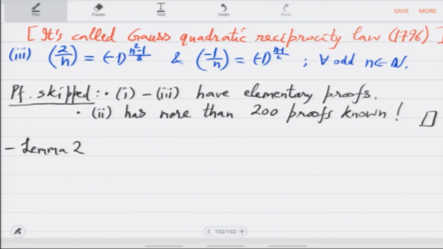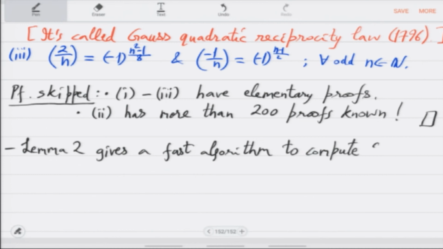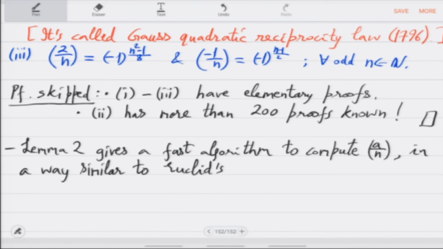Lemma 2 gives a fast algorithm to compute a by n, in a way similar to Euclid's GCD.